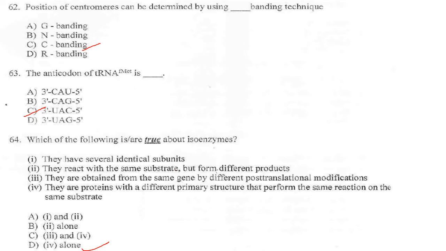So they yield the same product, so that is also not correct. They are obtained from the same gene by different post-translational modification. So isoenzymes are coded by genes at different loci or are products of different genes. So the third one is also wrong. Then fourth, they are proteins with different primary structure that perform the same reaction on the same substrate. So 4 is correct. Answer is D, that is 4 alone.